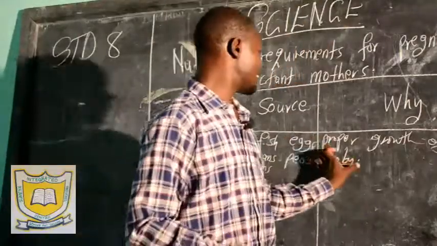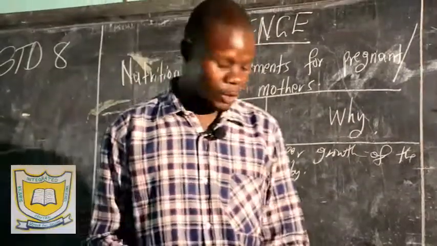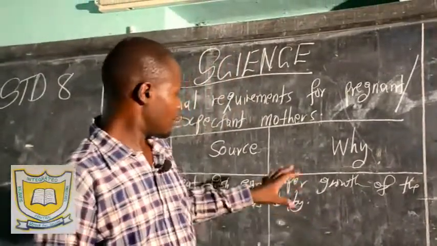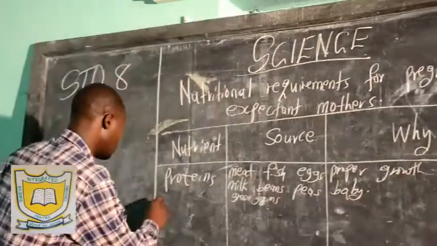So it builds the organs of the baby and also the mother, maintaining the mother's nutritional needs. It builds the baby and also the mother, because they are two in one.